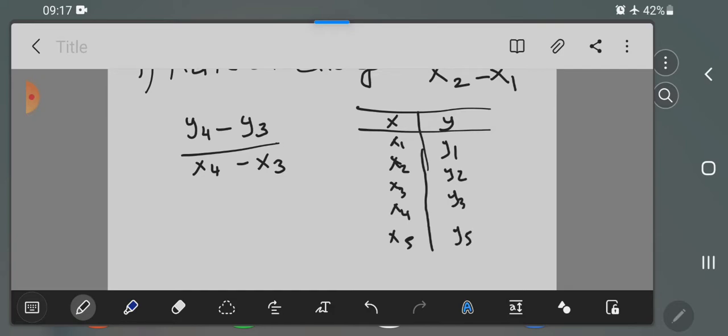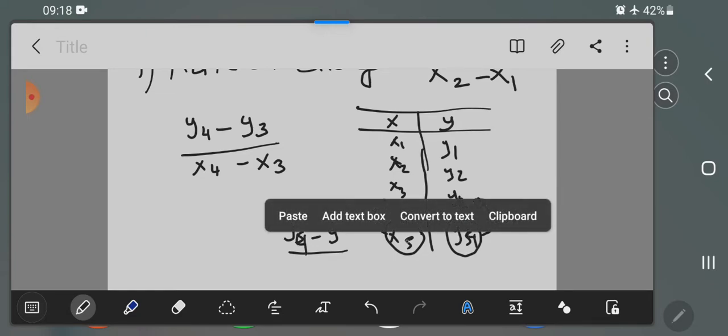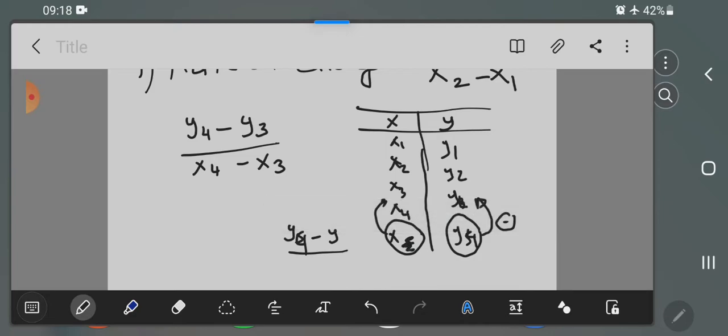How can we find the relation? y in the bottom minus the lower y, over x in the bottom minus the lower x. How? y5 minus y... sorry, this one is 4, not 5. y4 minus y3 over x4 minus x3.